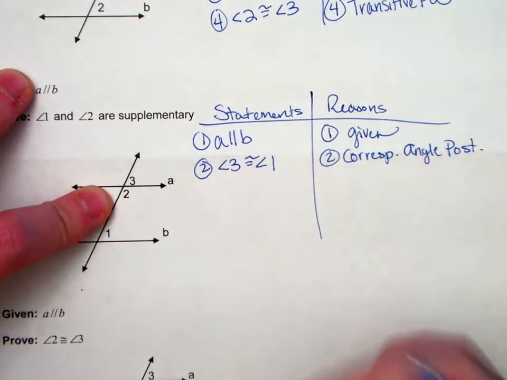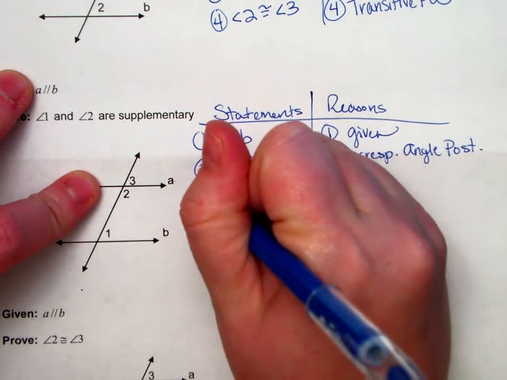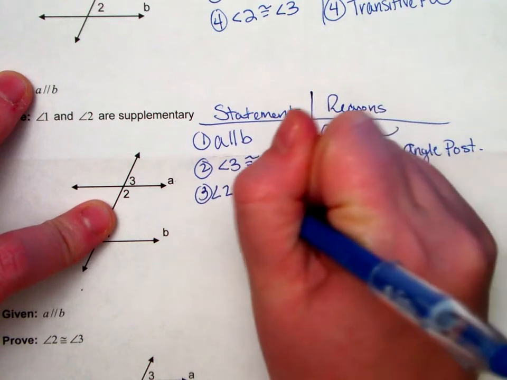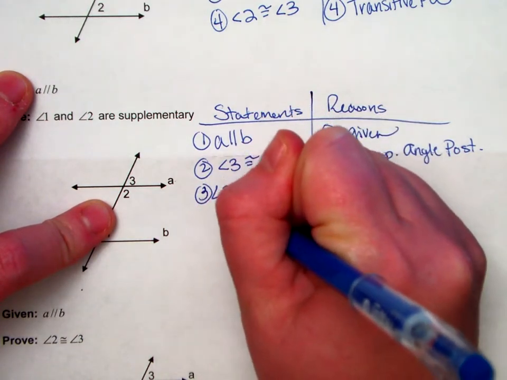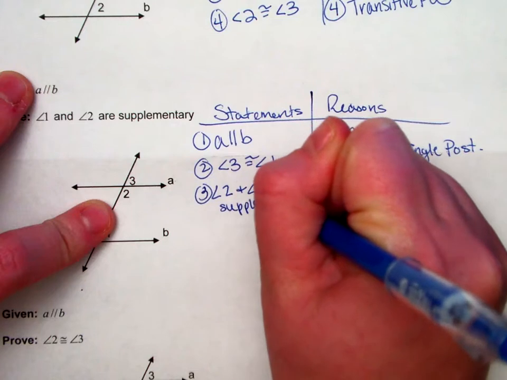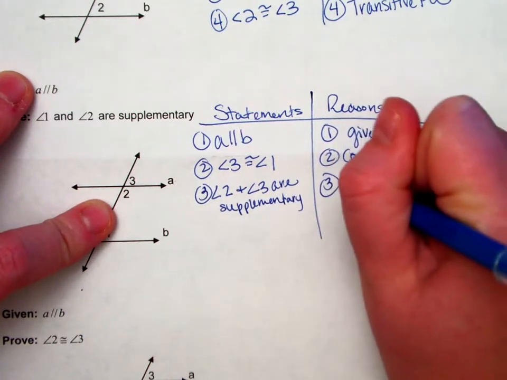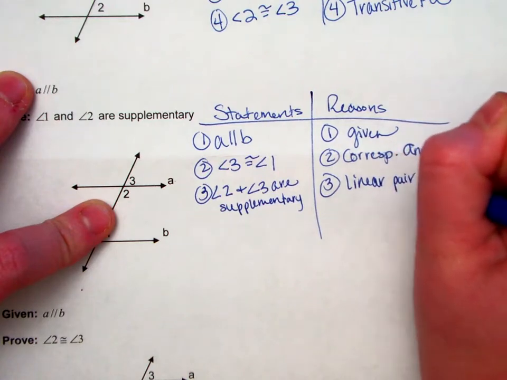They form a line. They are adjacent, share a common vertex, common side. So step number 3, angle 2 and angle 3 are supplementary. That is the linear pair postulate.